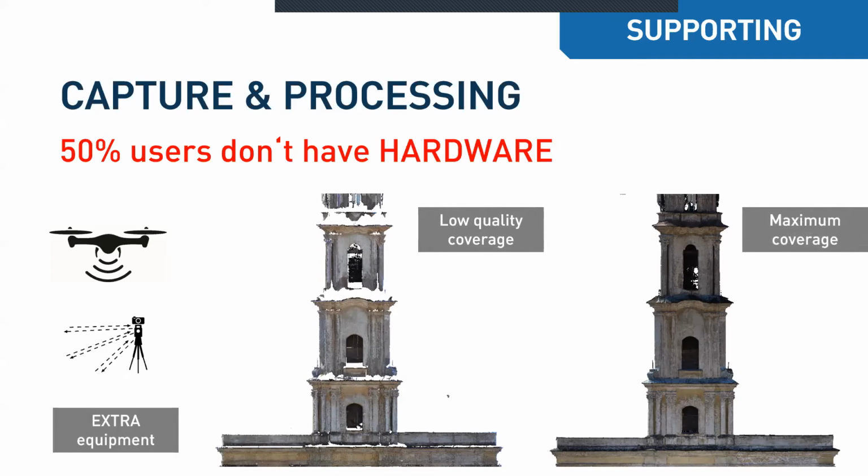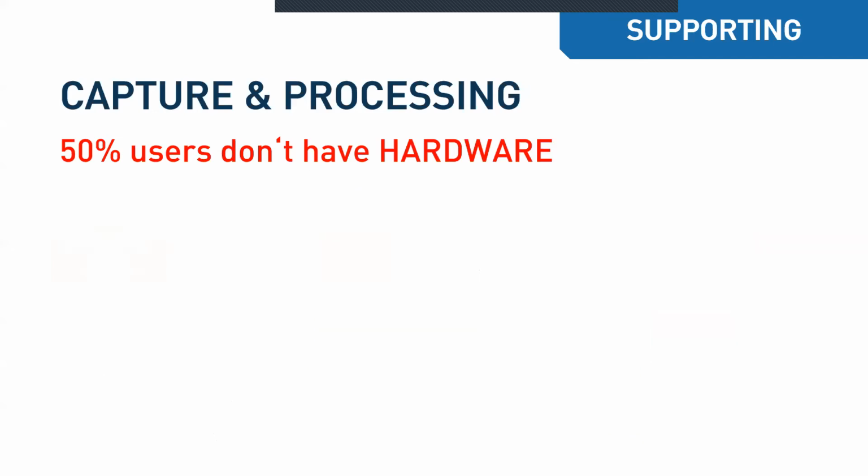So for us, it's very important when you start working with point cloud data that you use correct point cloud data, with full coverage, because it will matter for your experience with software. If the point cloud is bad, your experience with software will also be bad.